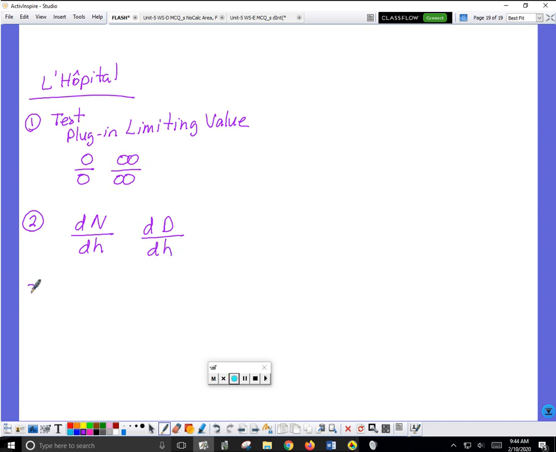And the third thing is you create a new limit problem of this derivative divided by this derivative. Question?